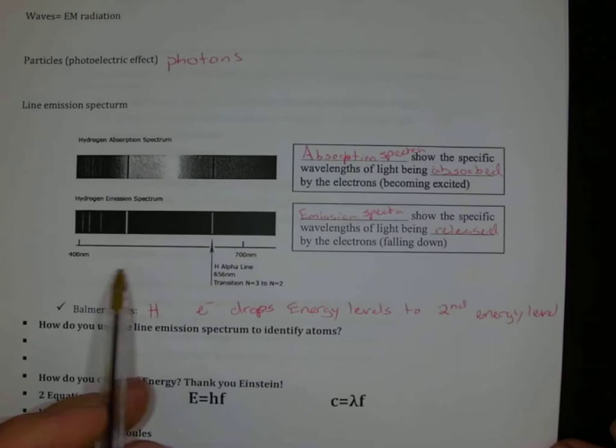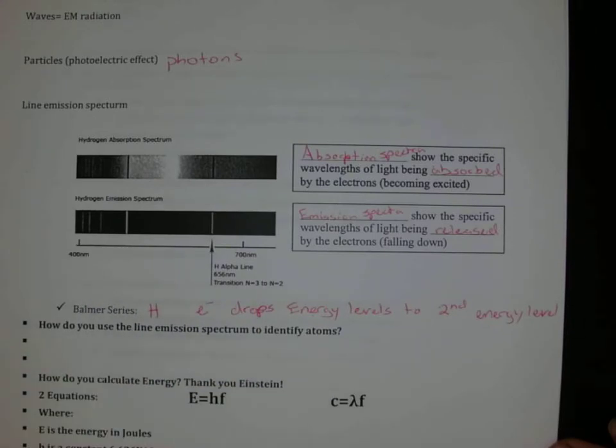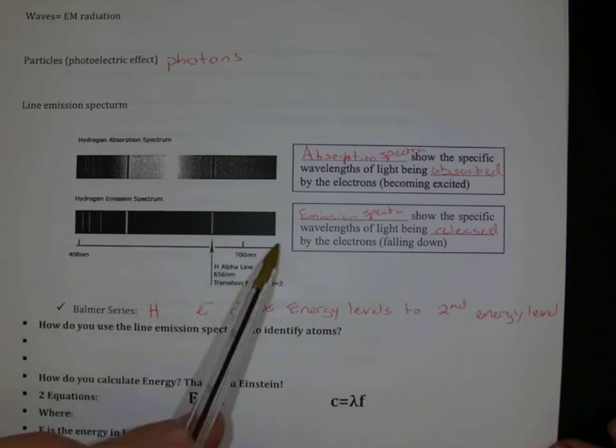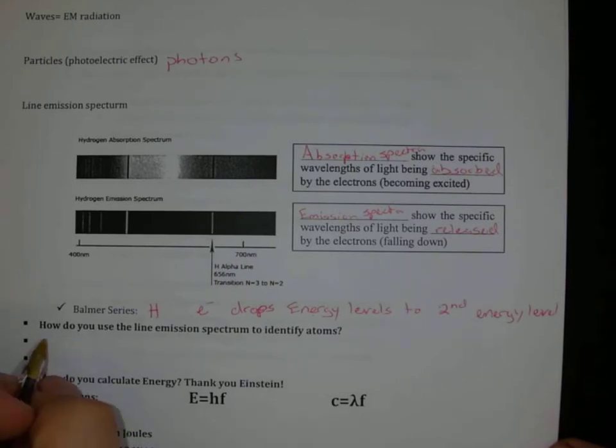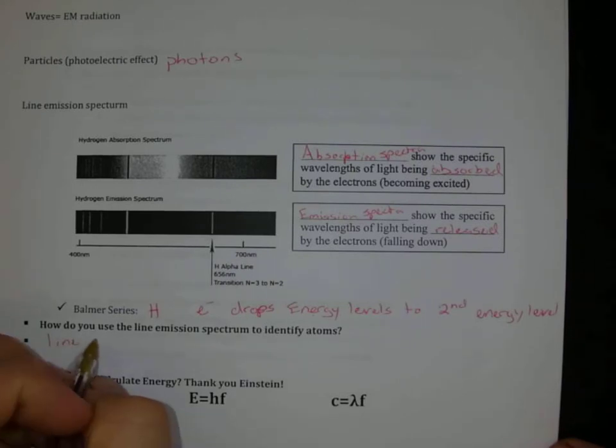That's what these lines up here actually are. Each of these lines represents an electron dropping from a higher energy level down to the second energy level. That's why the Balmer series is unique and special for us, because we can see it in the visible light. So how do we use those emission lines? We line up the lines.